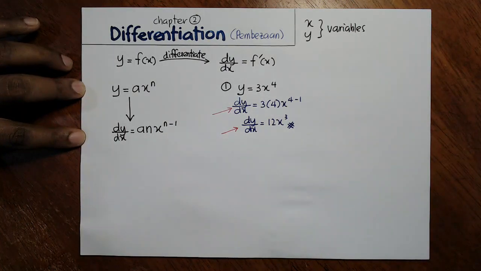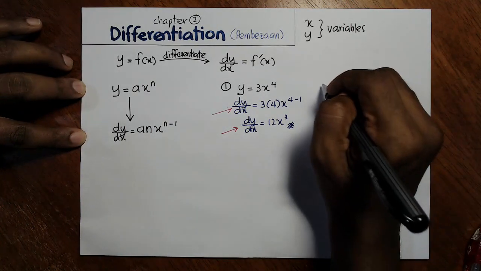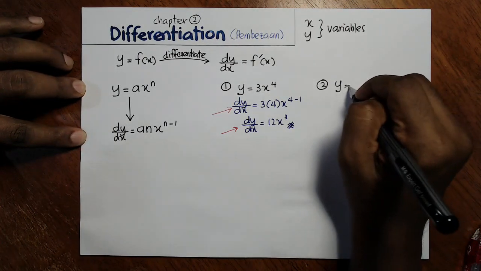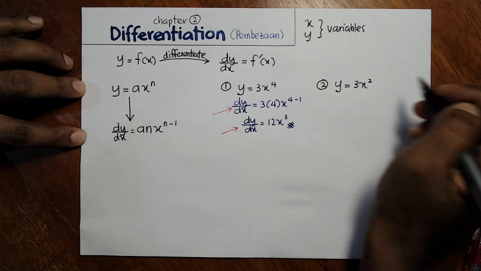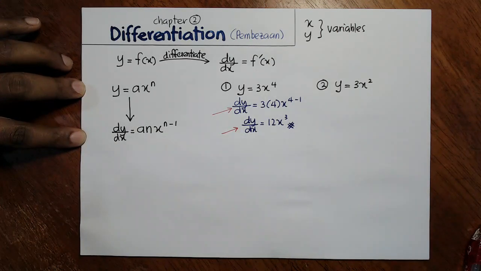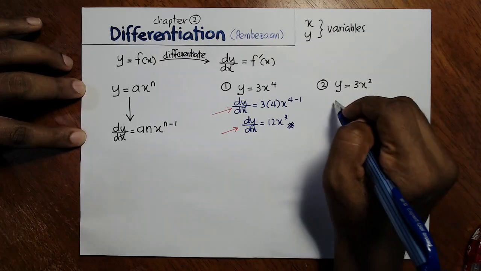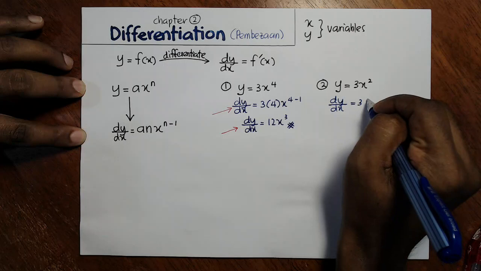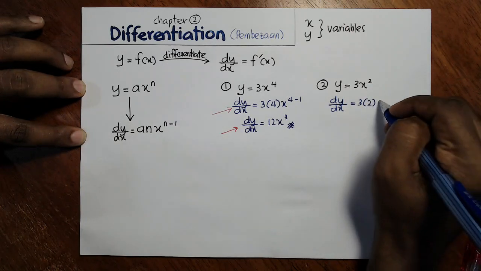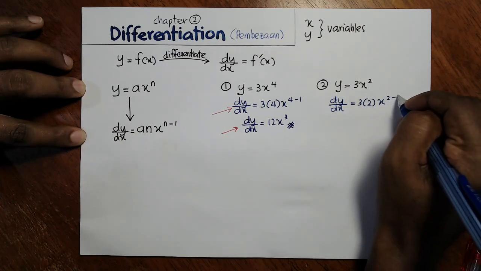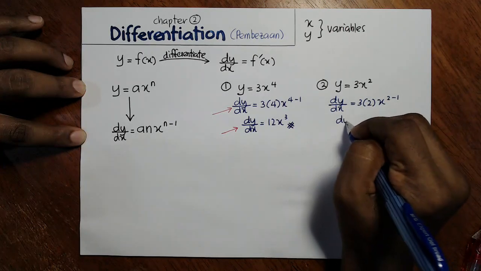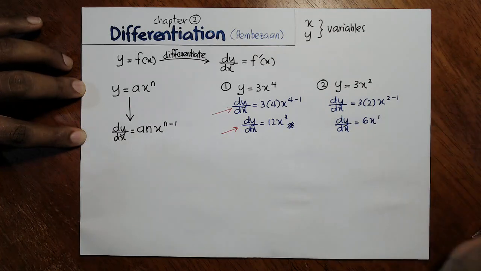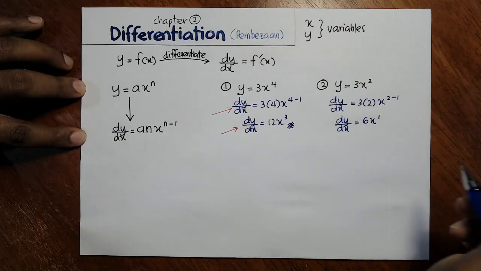So for example, number 2, we have y equals 3x to the power of 2. Then dy dx will be 3, 2 brought to the front, x to the power of 2 minus 1. So you get dy dx equals 6x to the power of 1, but you don't have to write the power if it is 1.